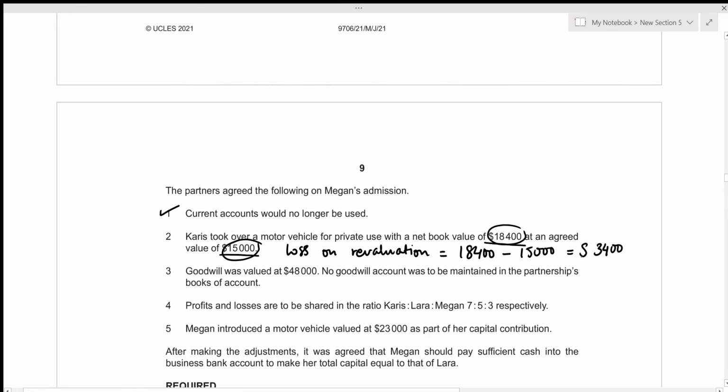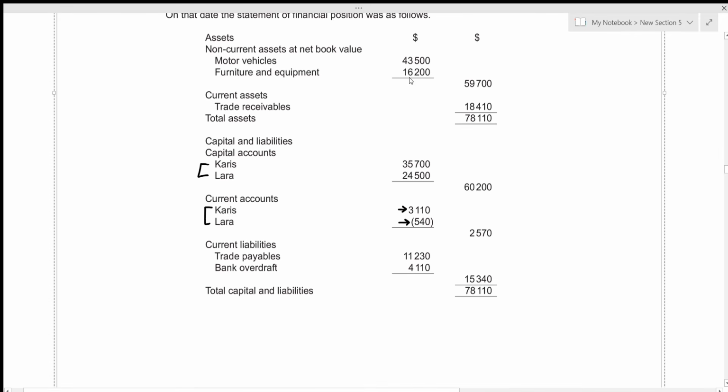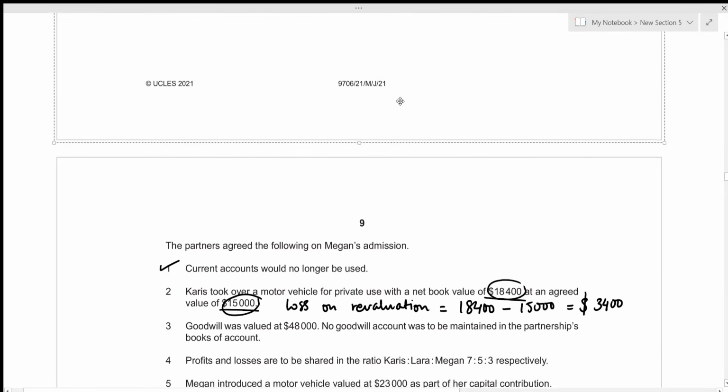So that's the loss. And losses are to be shared among the partners, right? And what we know is that the partners Karius and Lara share profits and losses in the ratio 3:1. So this loss of 3,400 should also be shared between Karius and Lara in the ratio 3:1. Let's do that.